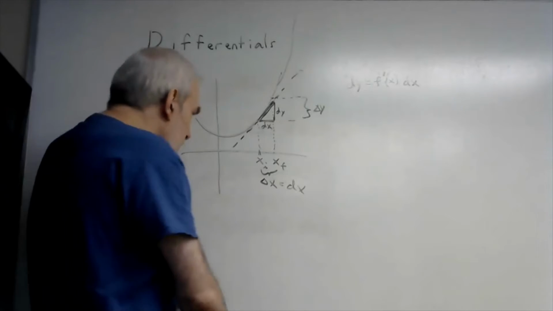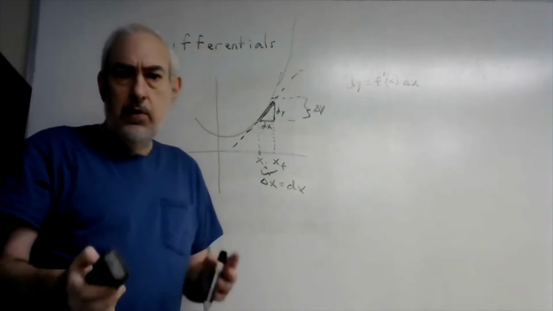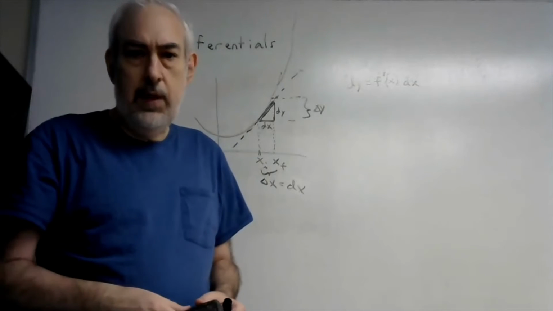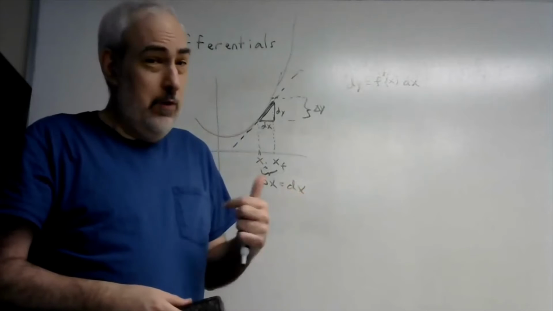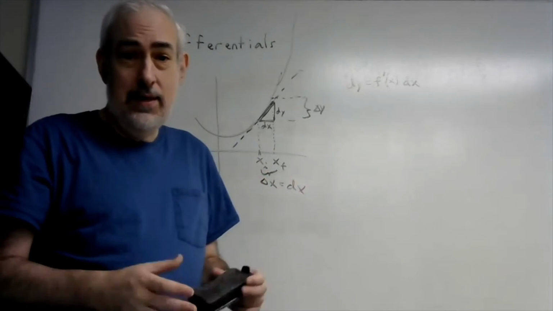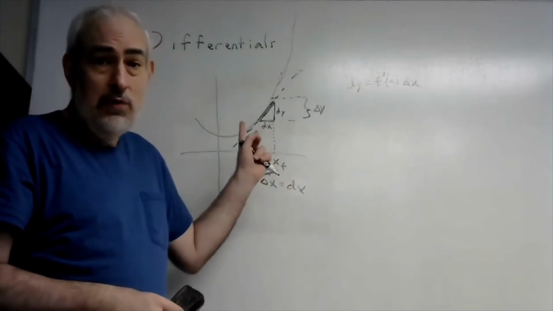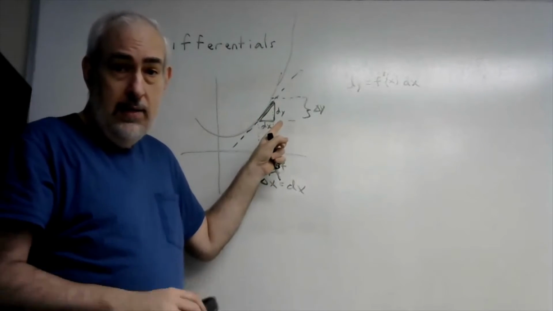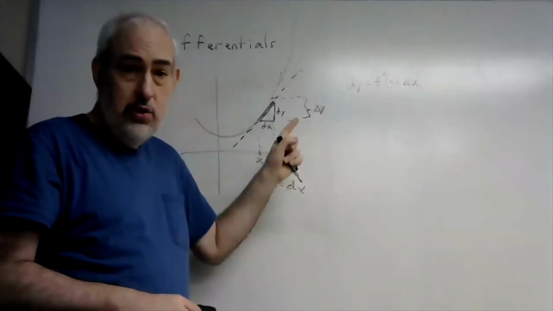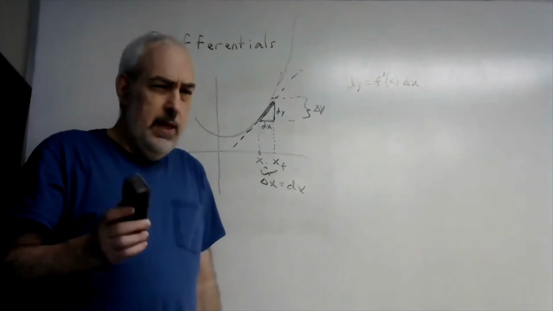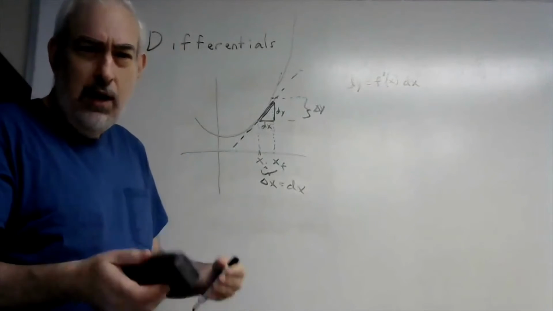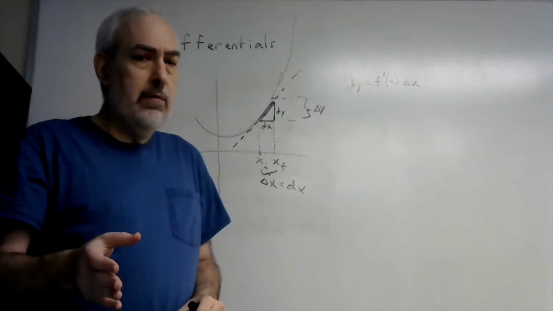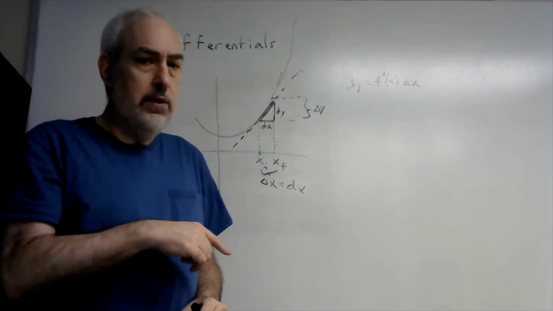Now, last time we had been talking about linearization of functions and using a linearization to approximate a function. Differentials are practically the same thing once again, because we're using a tangent line. We're calculating this thing called dy, and it's going to give us a good approximation to change in y. So if this is something we can use to approximate things, when do we use linear approximation and when do we use differentials?